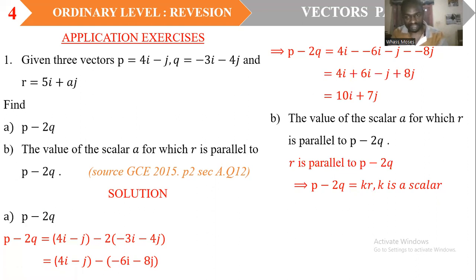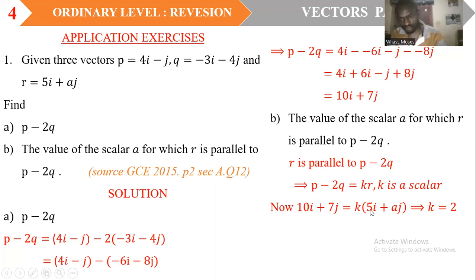So p minus 2q will be equal to a certain k times vector r, where k is a scalar. We have simplified p minus 2q to obtain 10i plus 7j, which means that we equate 10i plus 7j to k times r. So 10i plus 7j will be equal to k into 5i plus aj.